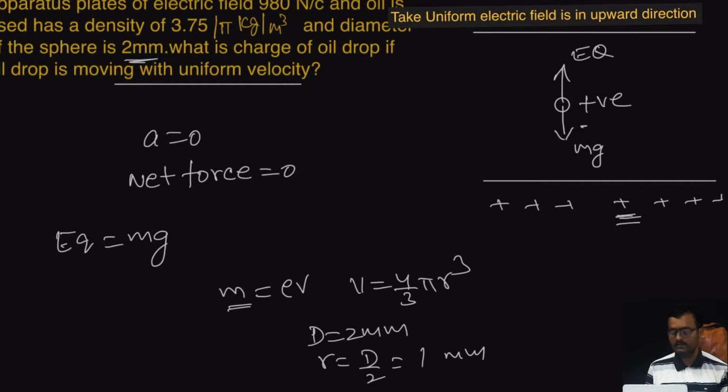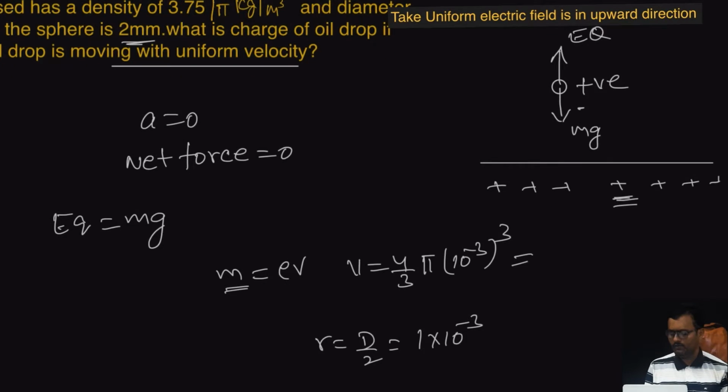Millimeter should be converted into meter. Milli means 10 power minus 3, so the radius is 1 into 10 power minus 3. So r cube is 10 power minus 3 whole cube, and 4 by 3 pi 10 power minus 9 is the volume.